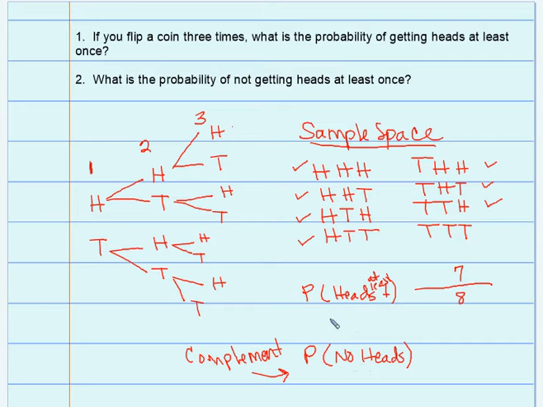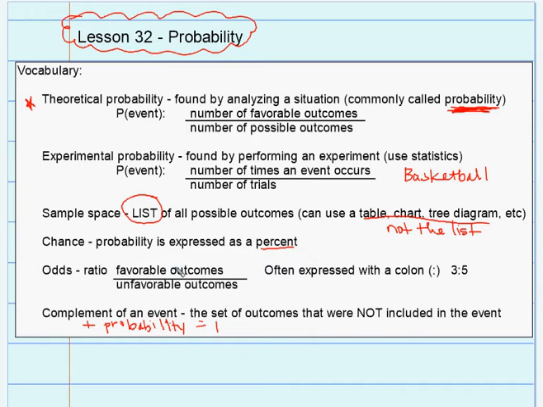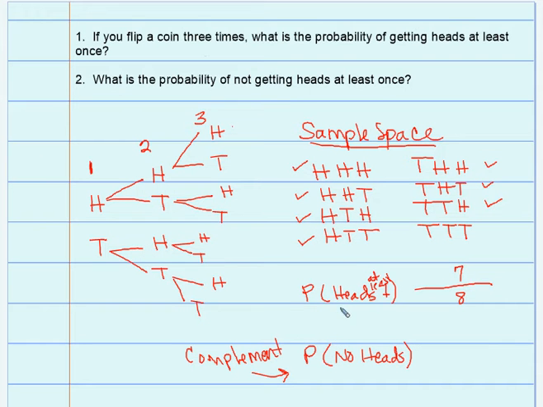It's the set of outcomes that were not included in the event. So we wanted at least once heads, and now we want not heads, and that only occurs here. 1 out of 8. And notice that if we add 7/8 and 1/8, we get 8/8, which is all of the possible outcomes.